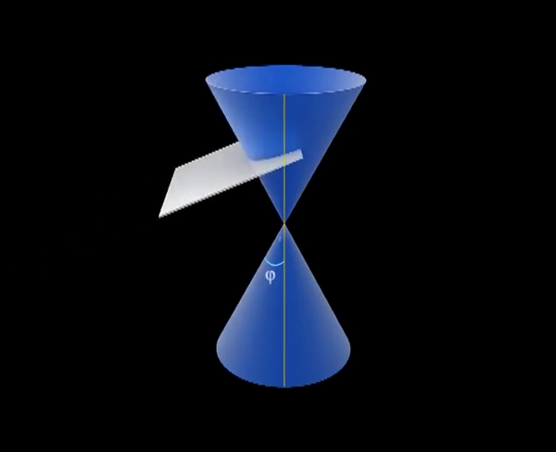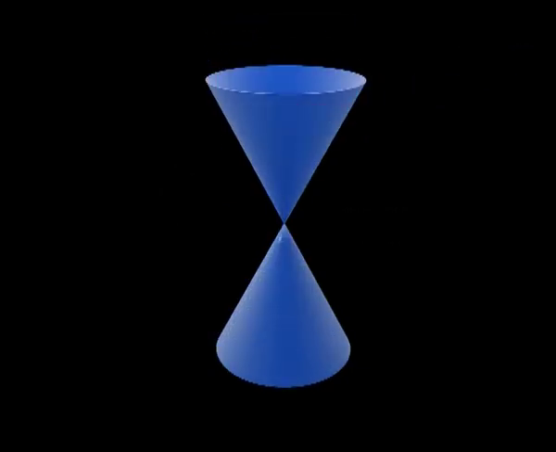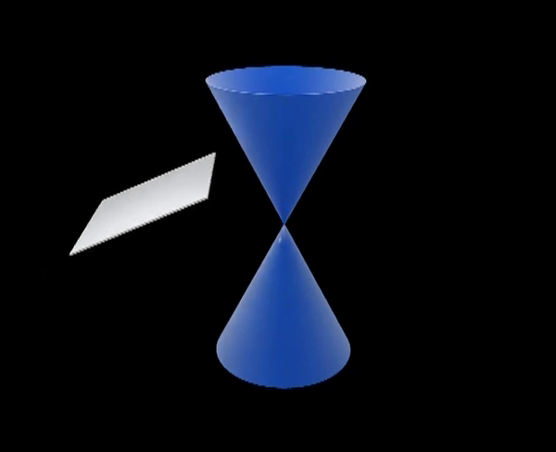First, we may choose a plane to have an angle greater than the semi-vertical angle of the generator of the cone, in which case the plane must cut right through one of the nappes. This results in a closed curve called an ellipse.